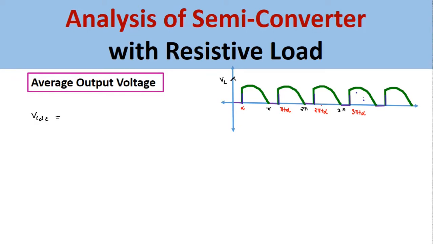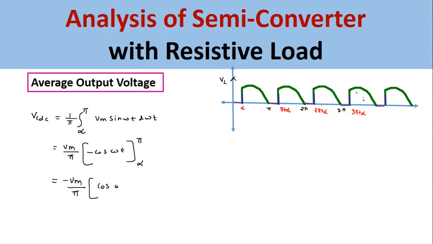So the VLDC is given by 1 upon pi integration from alpha to pi Vm sine omega t d omega t. Now when we integrate this, we will get Vm upon pi integration of sine of omega t, which will be equal to minus of cos omega t, and limit is alpha to pi. This minus will come outside and we'll get minus of Vm upon pi cos of omega t, limit alpha to pi.